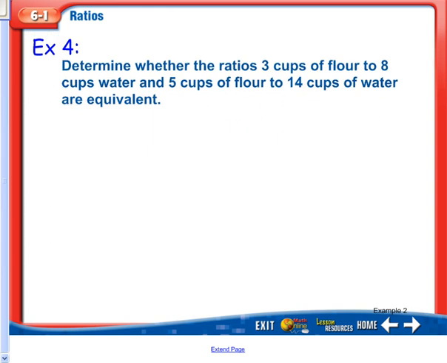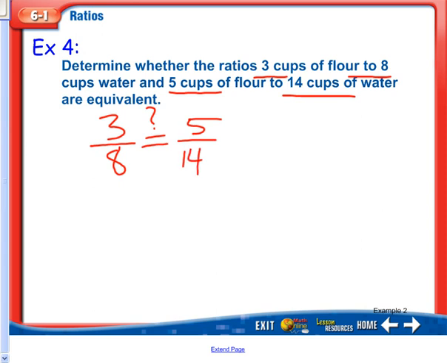Example 4, determine whether the ratios 3 cups of flour to 8 cups water and 5 cups of flour to 14 cups of water are equivalent. So again, we are going to write our 3 to 8 ratio, and then a question mark equals the 5 to 14 ratio. So again, we're going to cross multiply here.